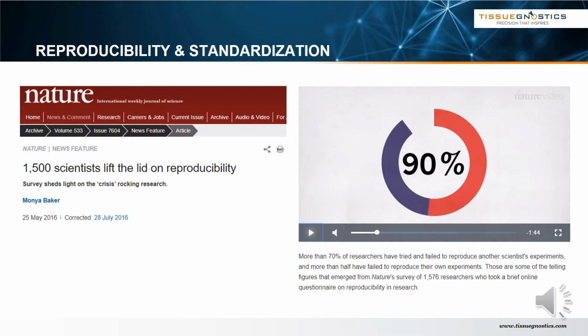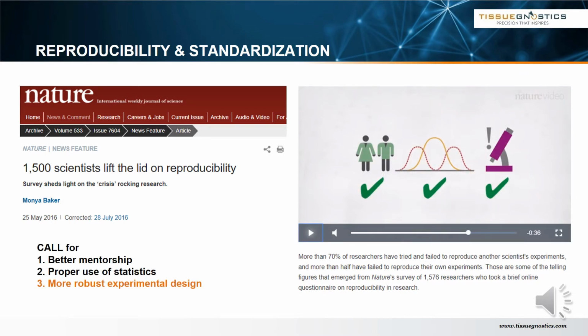So this clearly indicates that there is a need for action. Consequently, there has been a call for better mentorship, something universities have to take care of, a call for proper use of statistics, something each individual researcher and research lab needs to be sensitive of, and a more robust experimental design. This is where TissueGnostics can support you.